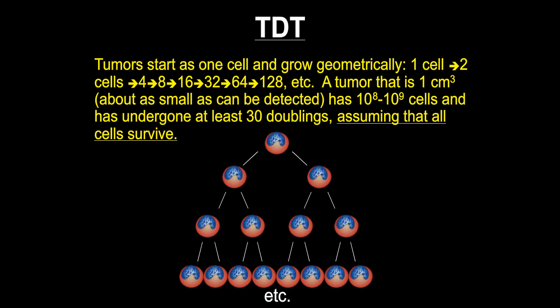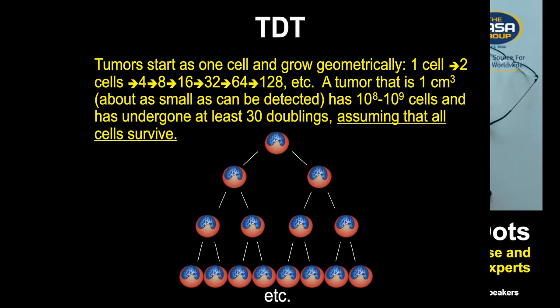So it's important to understand that a tumor which is 1 cubic centimeter in volume, and radiologists can detect a little bit smaller than that, but fundamentally it's about the smallest size detectable by an X-ray, has between 100 million and 1 billion cells, and it has undergone, in order to get to 1 billion cells, at least 30 doublings, and that is assuming that all the cells survive. But in terms of total tumor size, it reflects about 30 doublings, and we'll talk about survival in a second.